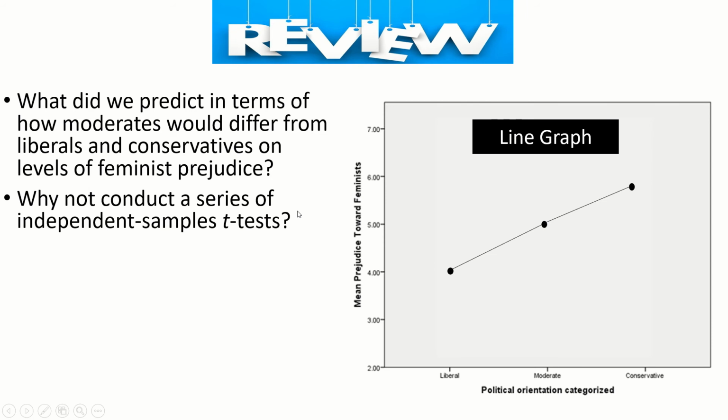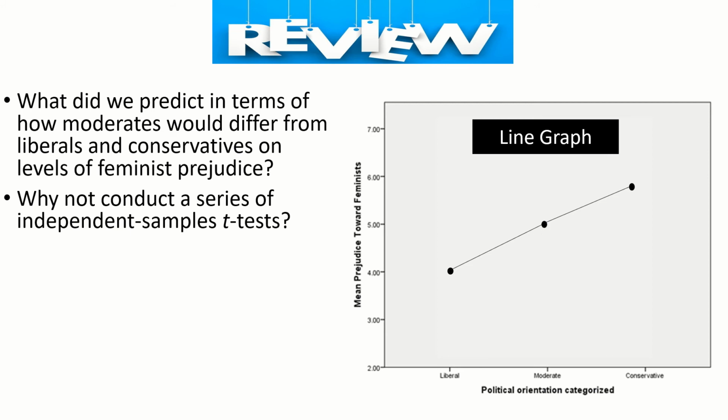So it is feasible that we could just conduct a series of independent samples t-tests in order to assess the differences between our three groups here, conservatives, moderates, and liberals, on their levels of anti-feminist prejudice. But why don't we? And we would need to conduct how many tests in order to compare liberals, moderates, and conservatives?